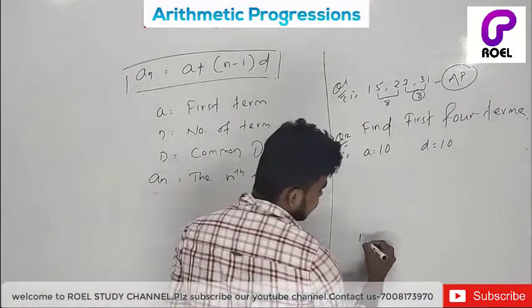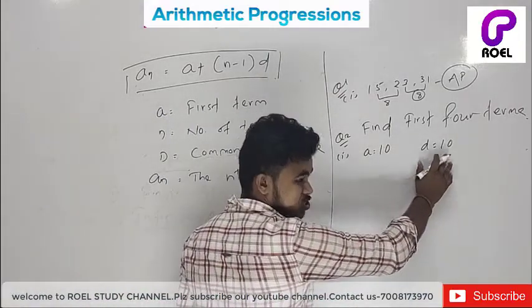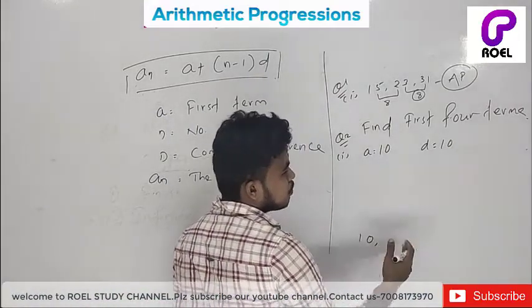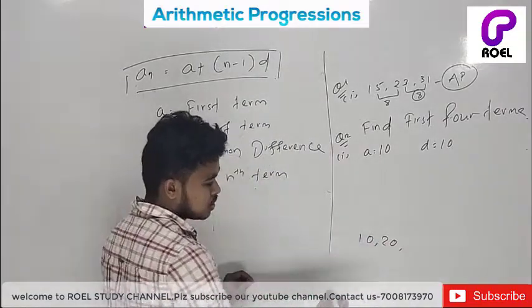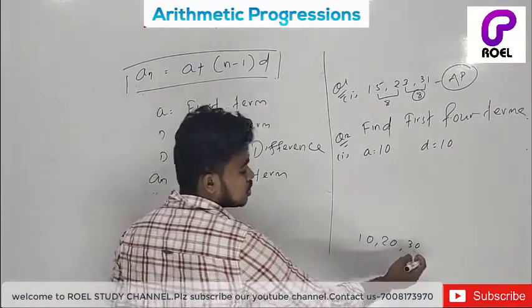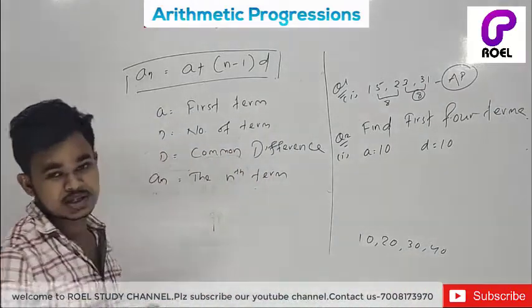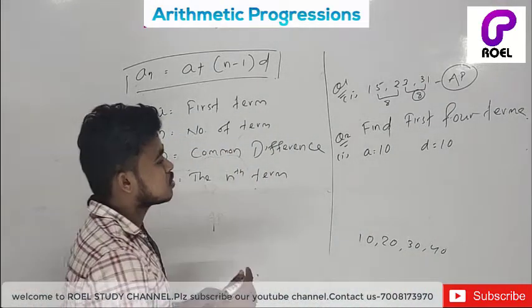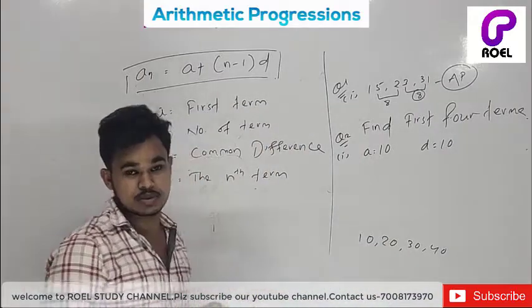Then we got the first term as 10. As the difference is 10, by adding the difference we can get the second term. Then adding the second term with the difference, we get the third term, and again the fourth term. Likewise, you can get the series. But what is the way to solve this type of question?